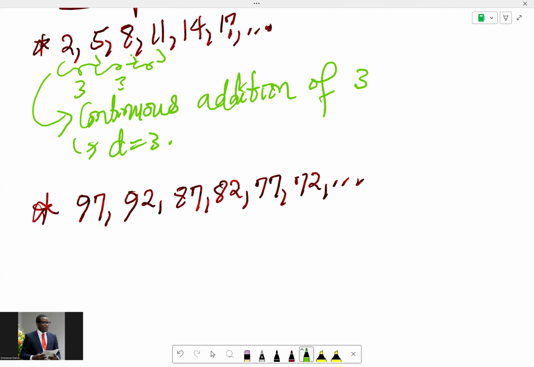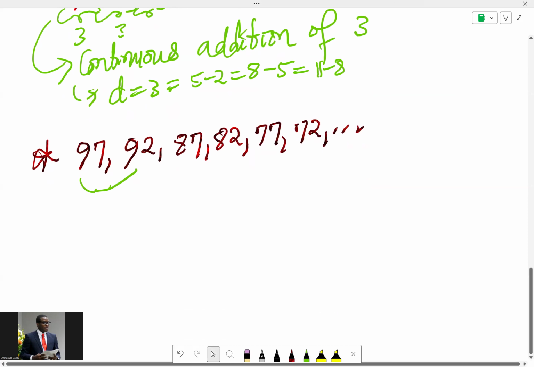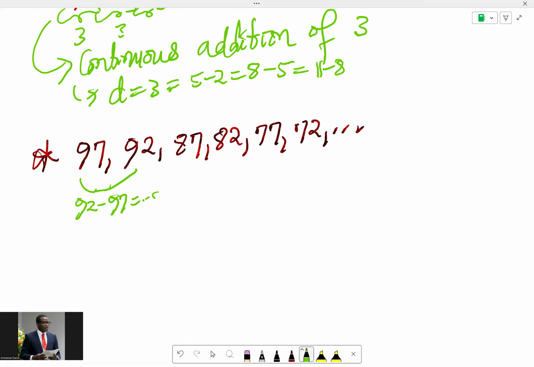The common difference in the first example is 5 minus 2, or 8 minus 5, or 11 minus 8. Anyhow you do it, you get that result. Here, the common difference would be 92 minus 97, and that is minus 5.